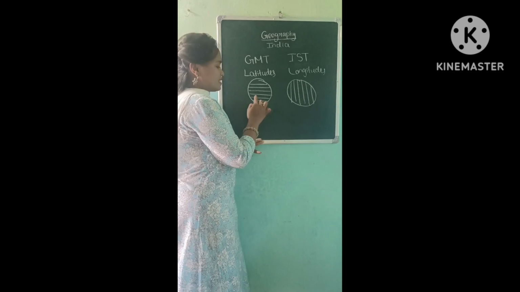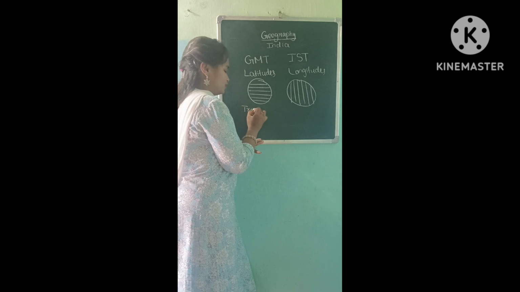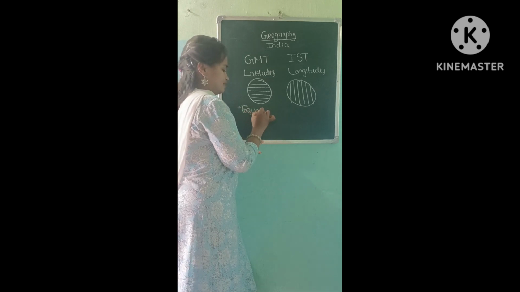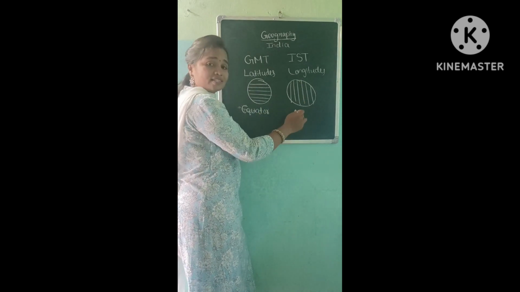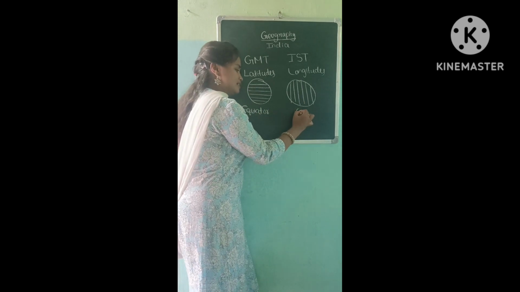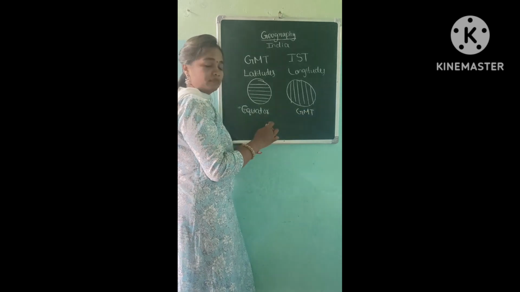Right? What is the central latitude, you know? It is the equator. Whereas here, what is the central longitude, you know? GMT, Greenwich Mean Time, the Prime Meridian.